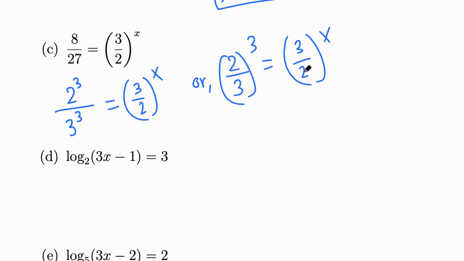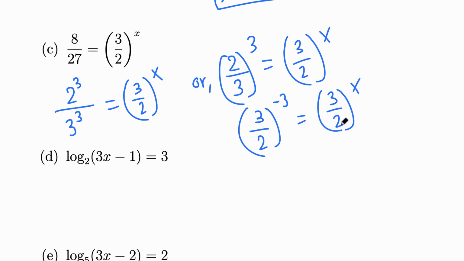This one is almost 3 halves, but we need to flip. When we flip this fraction, we have to put a negative. So 2 thirds cubed is the same as 3 halves raised to negative 3, equals 3 halves raised to x. We are trying to match with 3 halves, so we flipped, and for that we had to pay the negative sign. So 3 halves is the same, so negative 3 equals x, or x equals negative 3, and that's the solution.